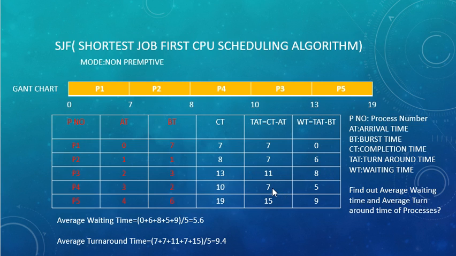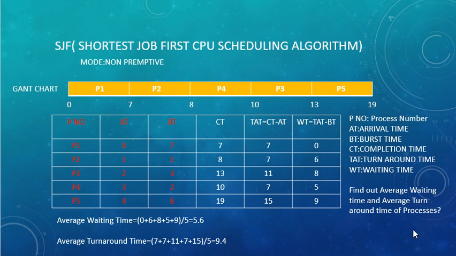Again, turnaround time of P4 is 7, burst time of P4 is 2, 7 minus 2 is 5. Again, turnaround time of P5 is 15, burst time is 6, 15 minus 6 is 9. Okay, this is how you have to find out the waiting time of each process.